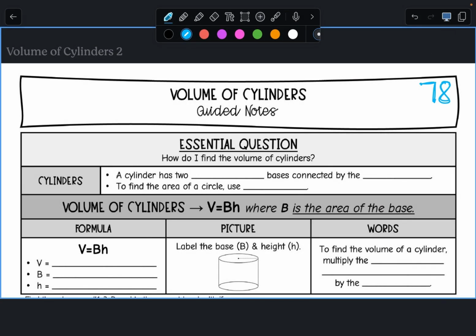Okay, so we had just gone back over the fact that diameter is the distance that goes all the way across a circle, and radius goes halfway.